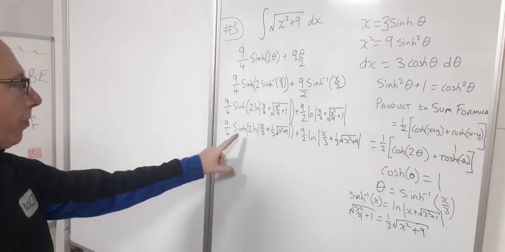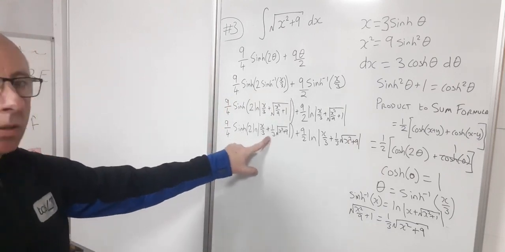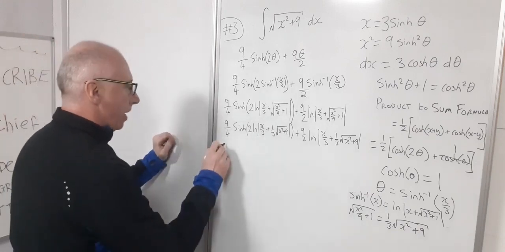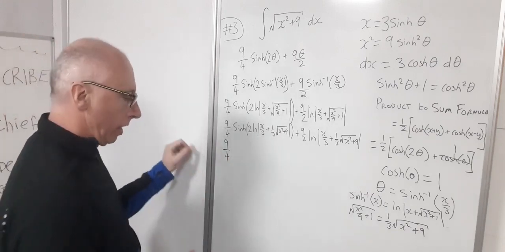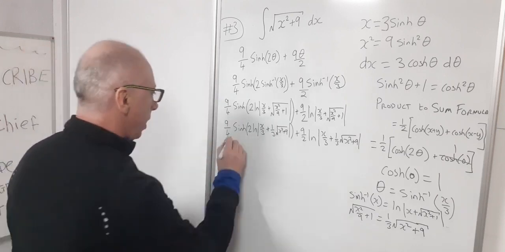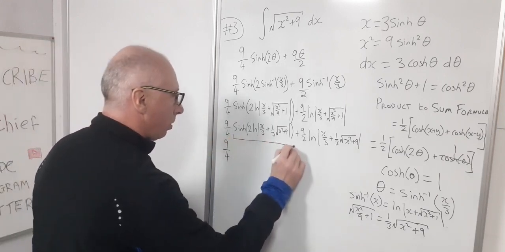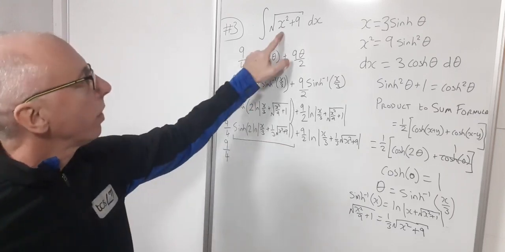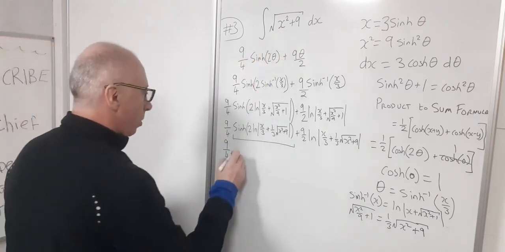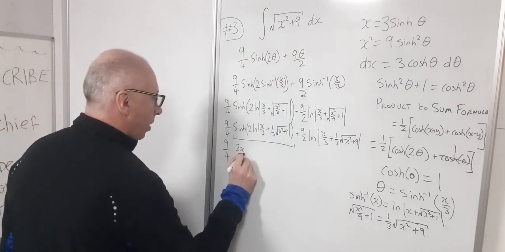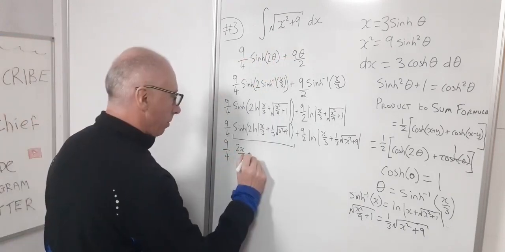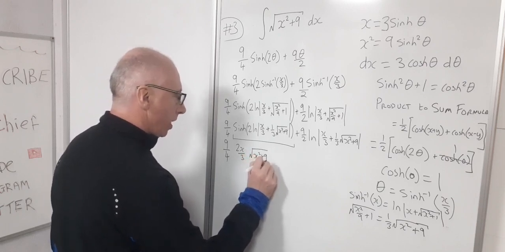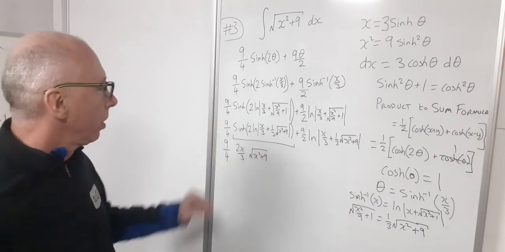Okay, now this one here, if you do the algebra on this, what you'll get for this is like this. You'll get 9 over 4, and then all of this here will be in terms of x. So we have to get rid of this sinh function, remember, because we don't want that in our result. We get for that 2x over 3, and then we've got square root of our x squared plus 9, and then the 1/3 will come out as well.